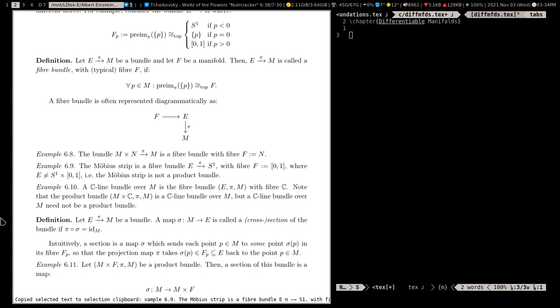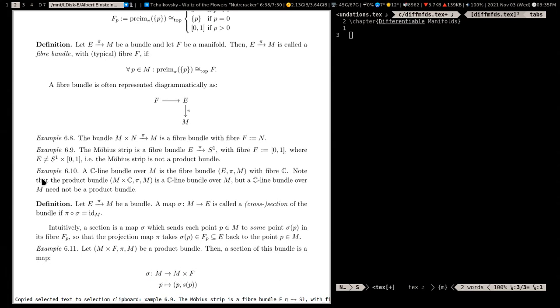Essentially saying that you can't write the Mobius strip as a product bundle. It's not a product bundle, but it is a fiber bundle. So that was another example.